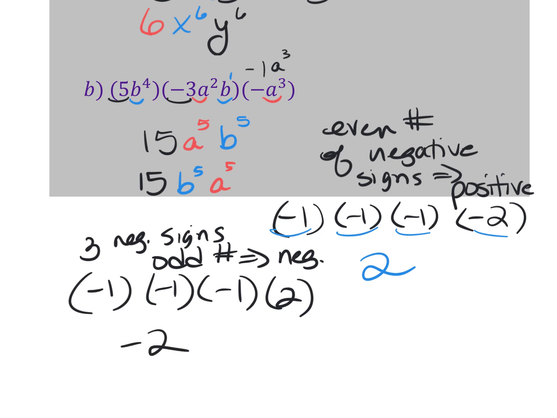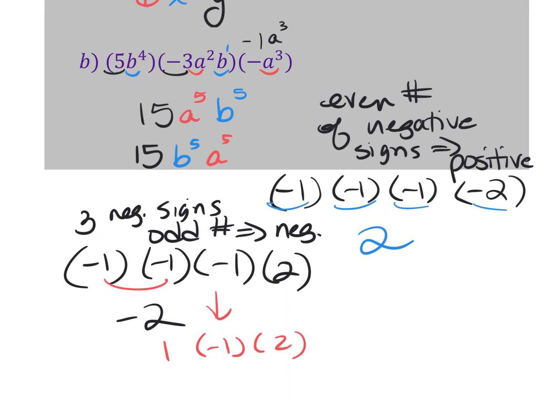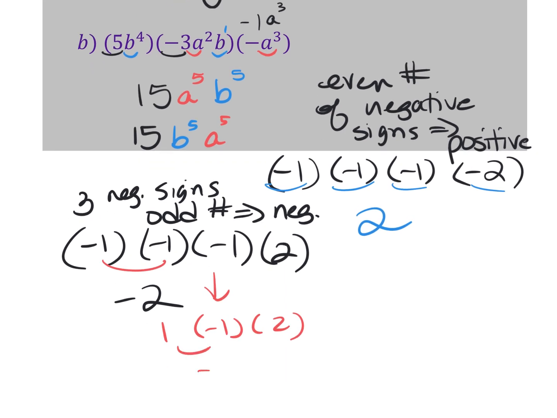Instead of having to say, I'm going to do -1 times -1, which gives me +1, then bring down these two, keep multiplying, then this turns -1, and then -2, you can just ignore the negative signs when you're doing the multiplication and just count them. It's a little trick to confirm that you've done it correctly. An odd number of negative signs makes it negative. An even number of negative signs makes it positive.